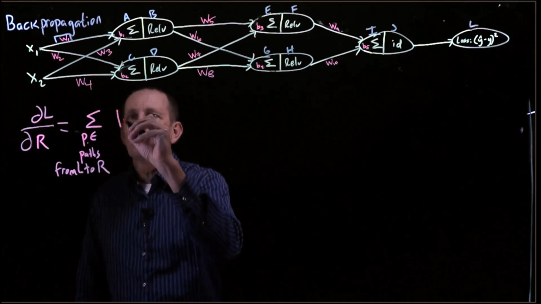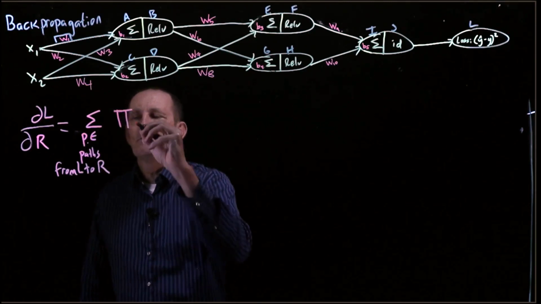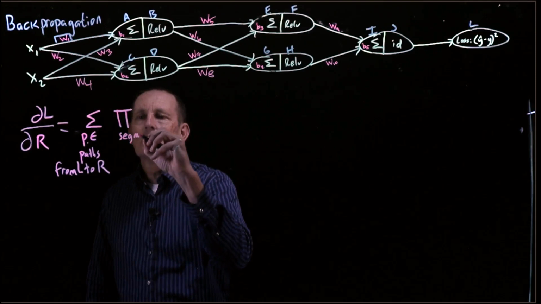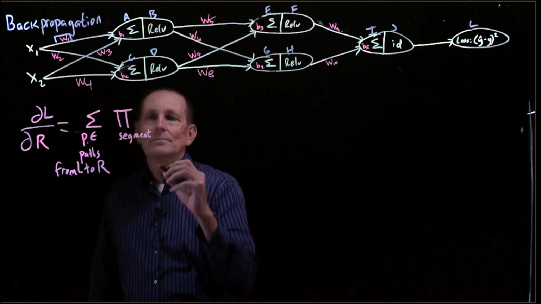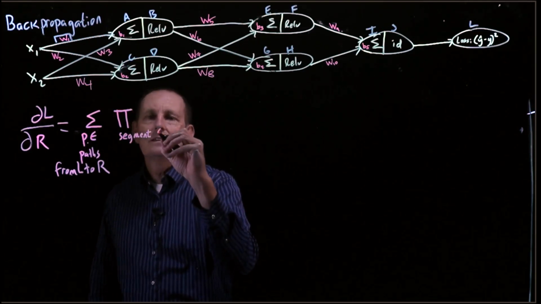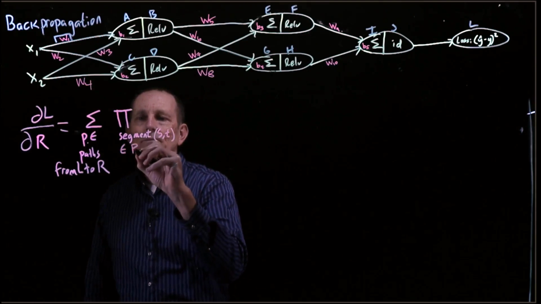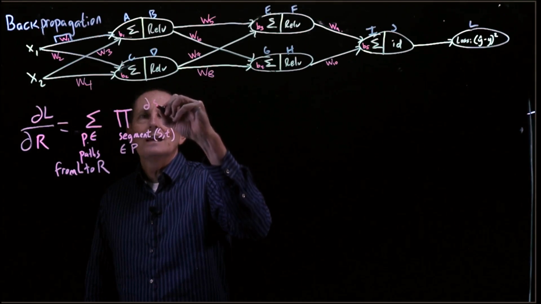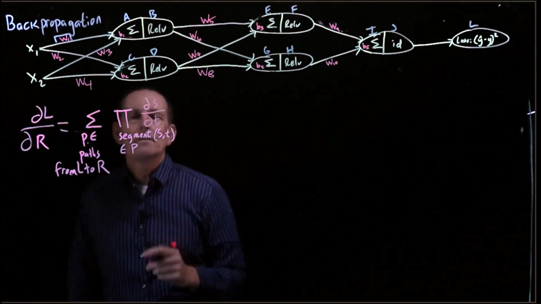So we multiply the product for every segment from S to T in the path P, and this will just be the partial derivative of S with respect to T.